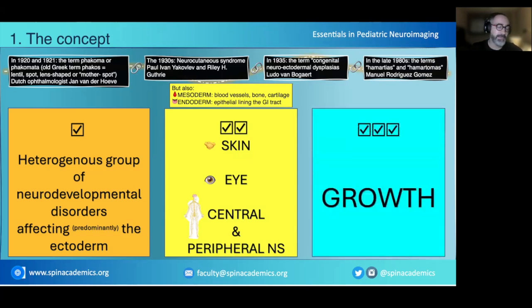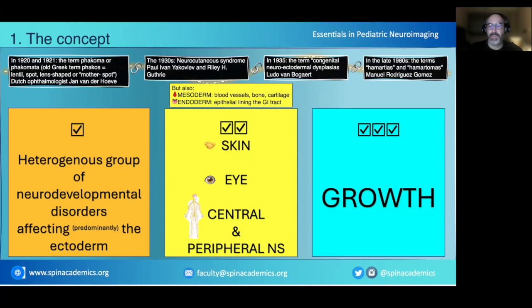And the relevant common characteristic of these neurocutaneous syndromes, and that's an opinion, in order to make this very heterogeneous group easy to understand, is the growth.